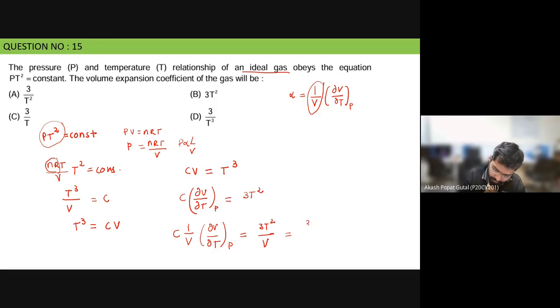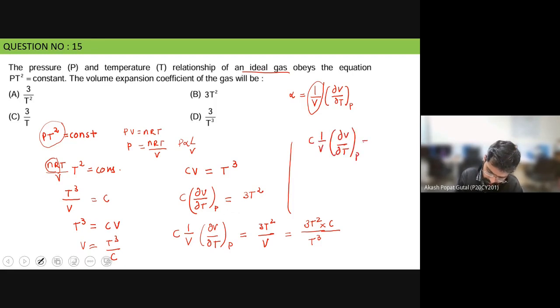V is equal to T cube by C. If we put T cube by C here, C by C means C will get cancelled. So 1 by V del V by del T at constant P is equal to 3T square by T cube, and C on both sides gets cancelled because it is the same constant.